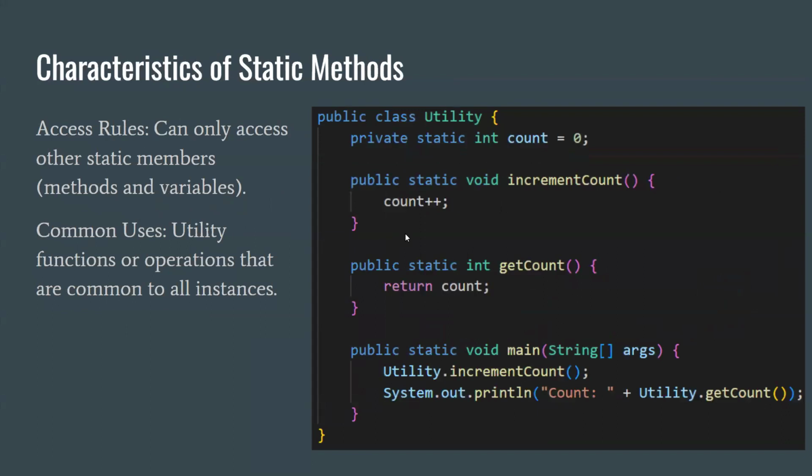Characteristics of static methods. Static methods have unique characteristics. I'll say the most important one is that they can only access other static members of the class, which means that they cannot access instance variables or instance methods directly because they do not belong to any one instance.